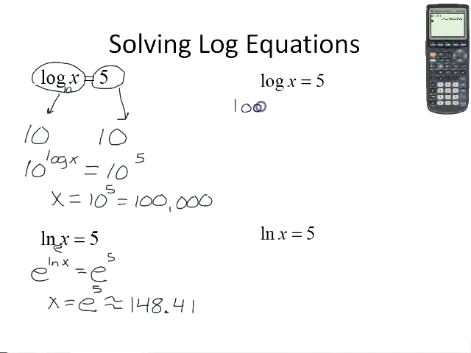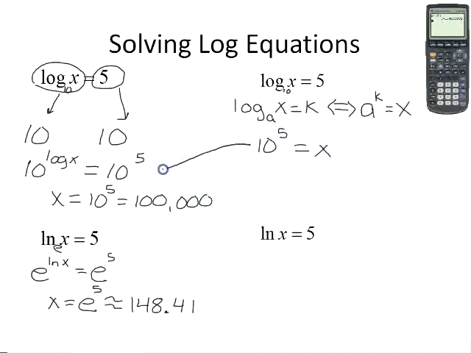If you remember that we can always convert a logarithm equation into an exponential equation using this, well then once you have your equation in the form of the logarithm on one side and numbers on the other side, you can just rewrite that as an exponential equation. In this case, my a is my base, which is 10, and my k is the 5. So this equation would become 10 to the 5th power equals x.